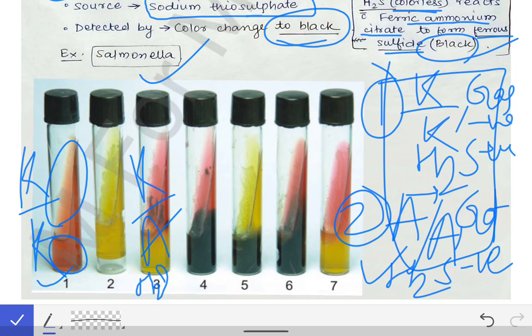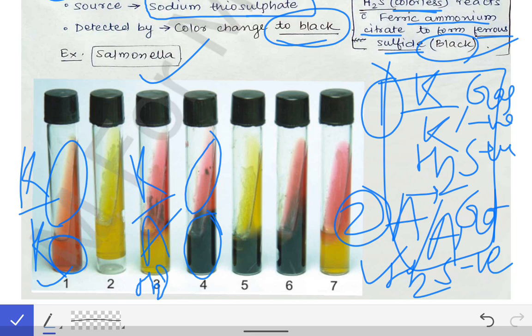Now come to the test tube number 4. In the test tube number 4 the slant is alkaline, and the butt is black in color. You should remember one thing: this change of ferric ammonium citrate to ferrous sulfide is possible only when there is acidic pH.